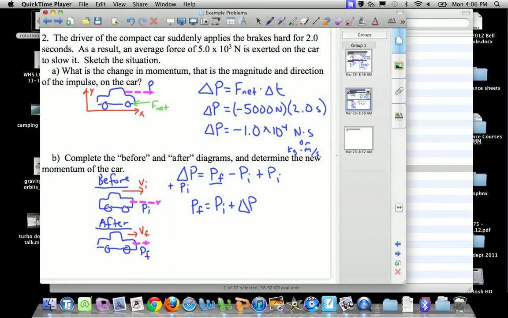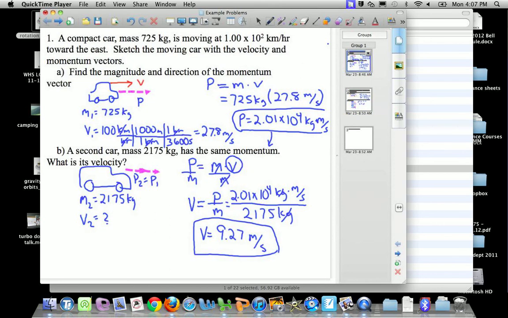Now I know what initial momentum was from problem number 1, it's right here. It is 2.01 times 10 to the 4th. I'm going to underline that. See that? That was what the momentum was in part 1.